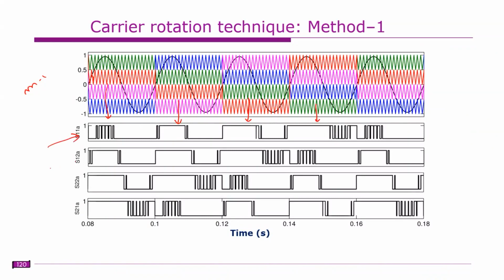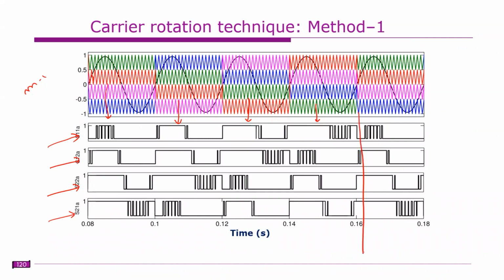If you integrate over m-1 cycles, or over 4 cycles in this particular case, what we observe is that the conduction periods and the switching frequency are the same, right?